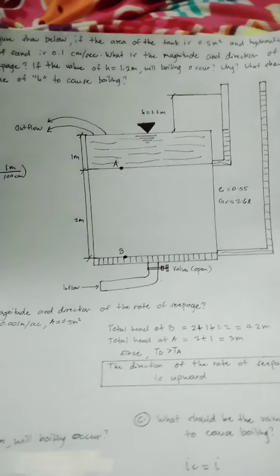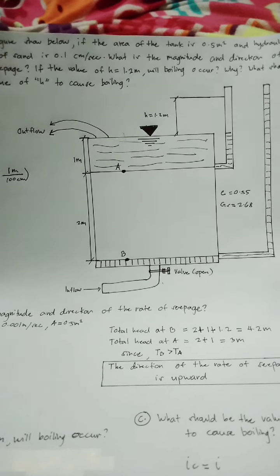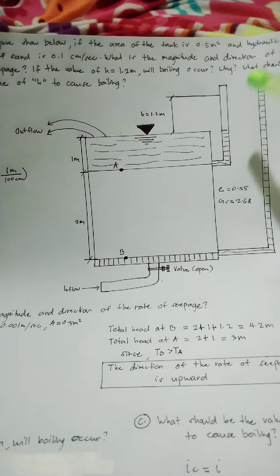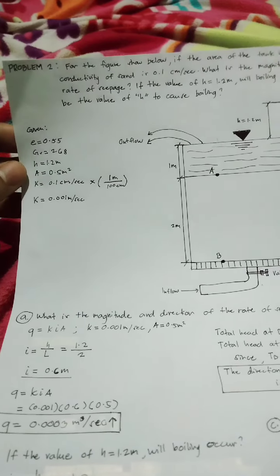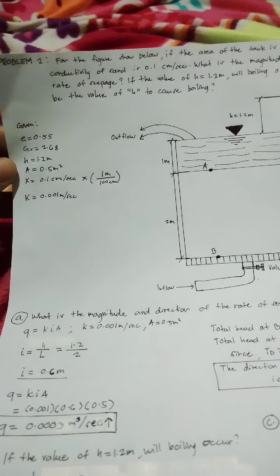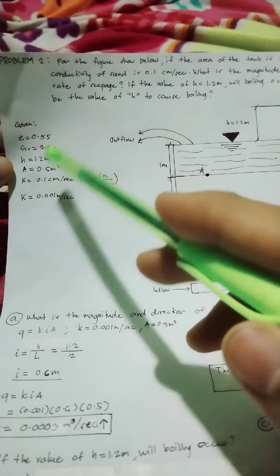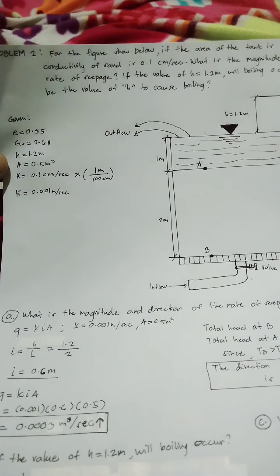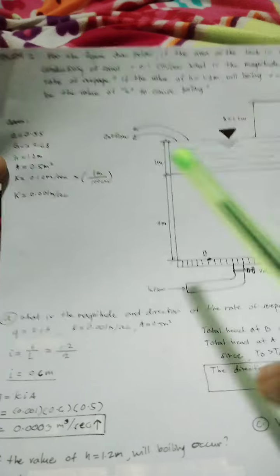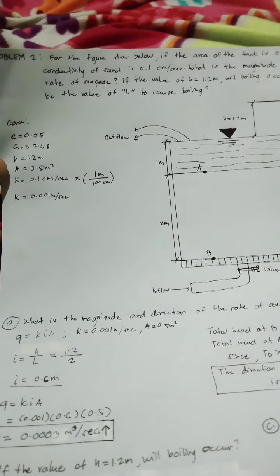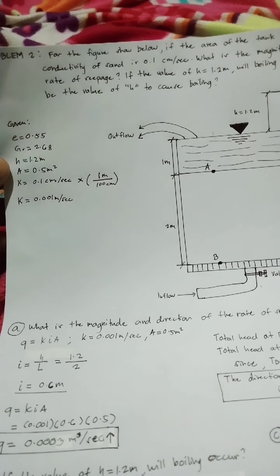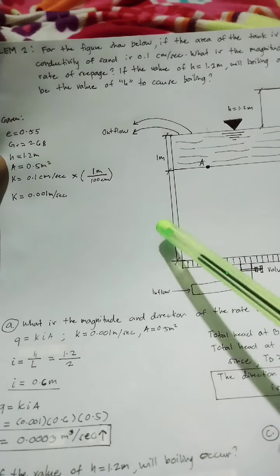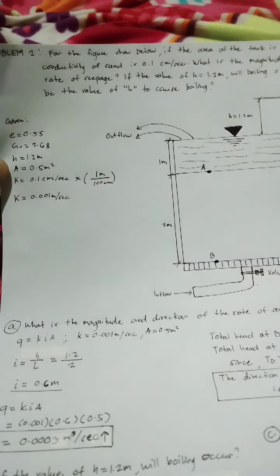So now, here is the figure. Based on this figure, you are able to put the given here. The void ratio is equal to 0.55, the specific gravity is 2.68, the head loss is 1.2 m, and the length for the sand is 2 meters.